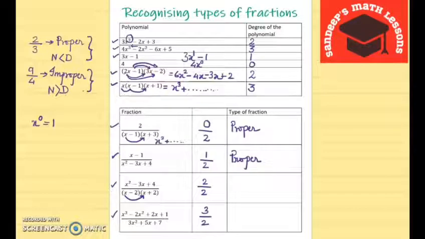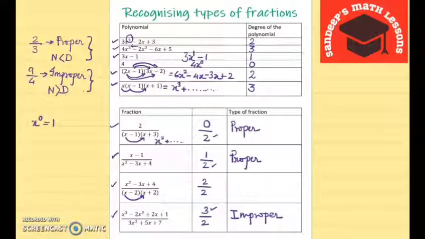And if we use the same rule, this will be an improper fraction. Why? Because the degree of the numerator is bigger than the degree of the denominator. Right? And in these two cases, the degree of the denominators were bigger than the degree of the numerator.